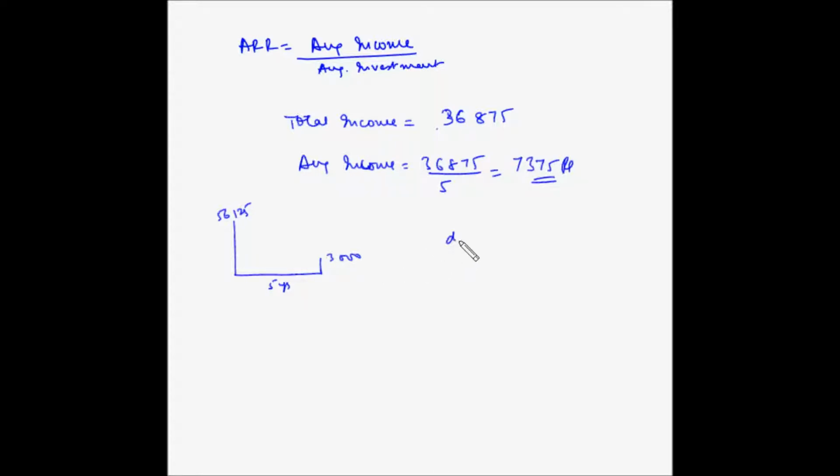So the depreciable value is equal to 56,125 minus 3,000. So this becomes 53,125 rupees.